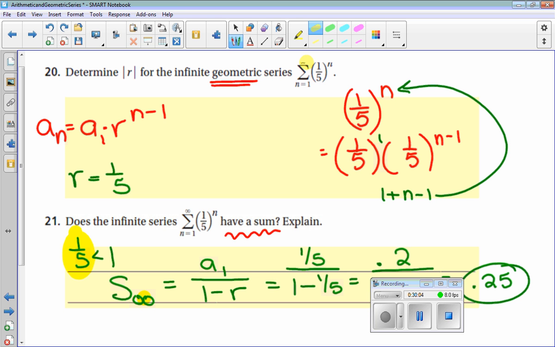So let me give you some problems to work on with geometric series. Some will be finite, some will be infinite. And I want you to do problems 10 through 15. Okay?